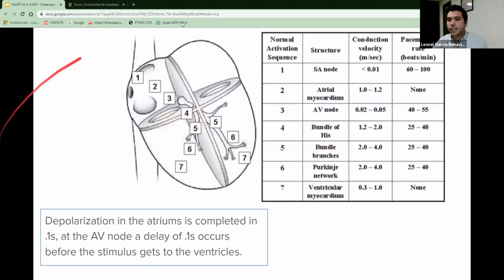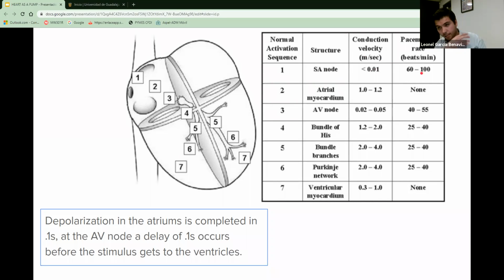So, as I told you before, the different structures of the heart have a different conduction velocity. The SA node is not the fastest. It travels at less than 0.01 millimeters per second. The normal heart rate that the SA node can have is from 60 to 100.